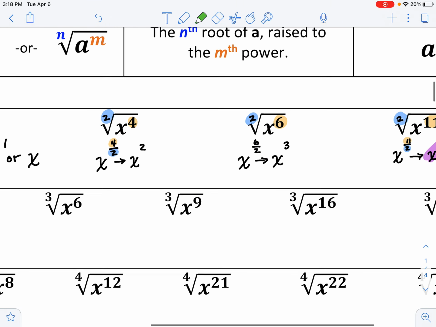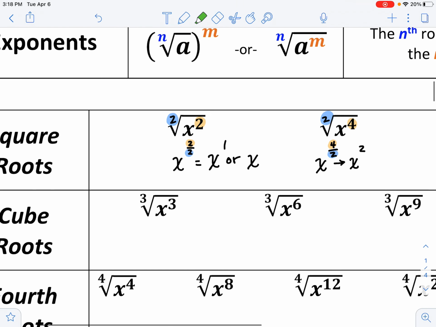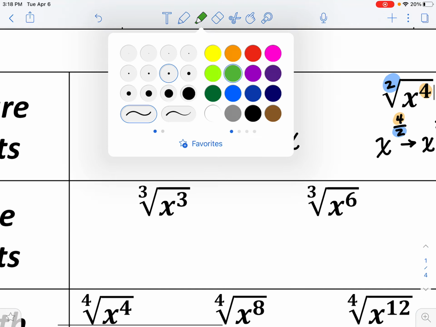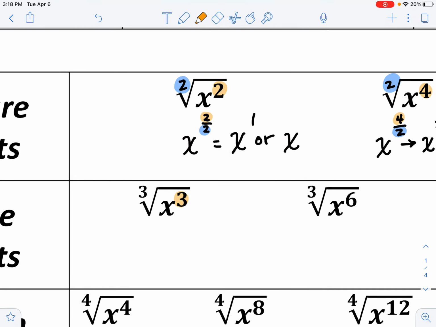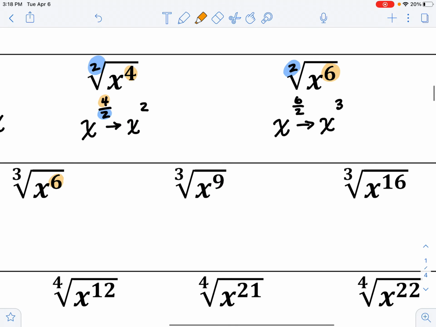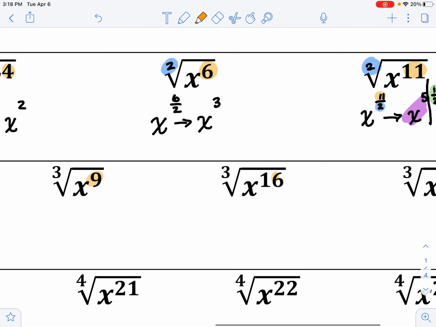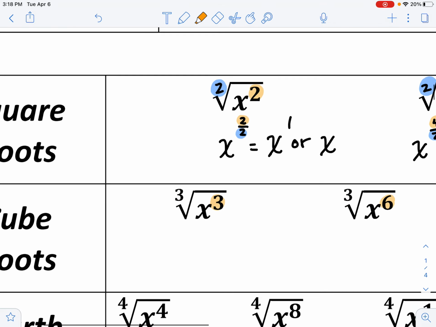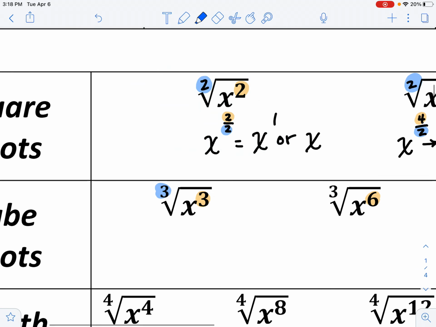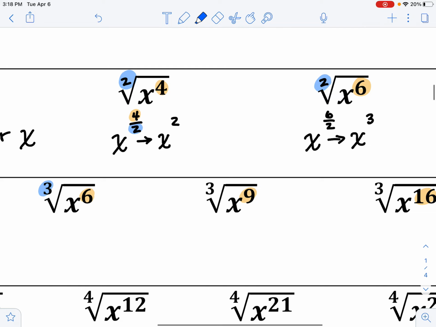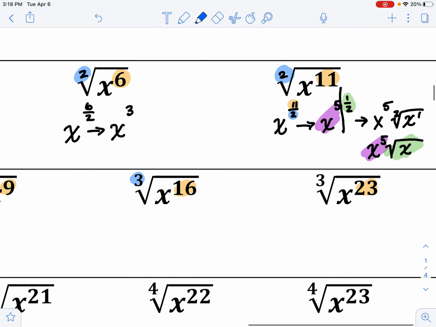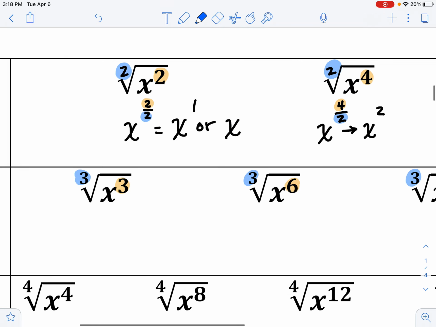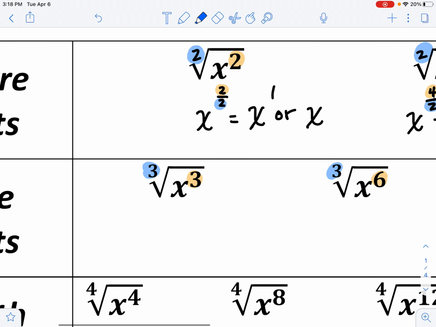All right, so let me do the cubes here. So you do the same thing. The exponent of your variable is going to be your numerator. And the index is going to be your denominator. In this case, your denominator is going to be 3 because these are all examples of cubes, or third roots.